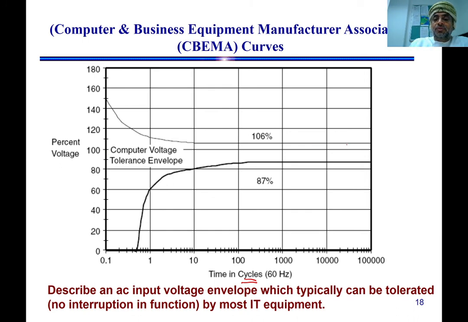This is the normal voltage that is supposed to be given to the device. But sometimes the voltage can go above the limit or below the limit. Anything above the limit we call over voltage, anything below the limit we call under voltage.